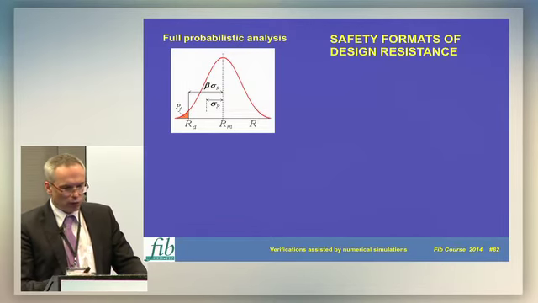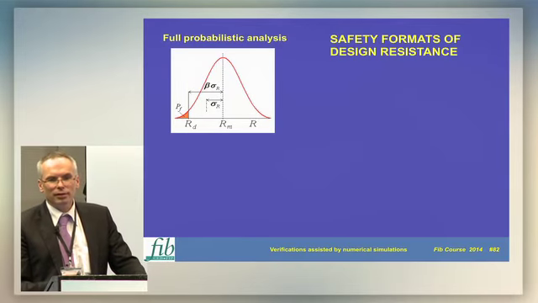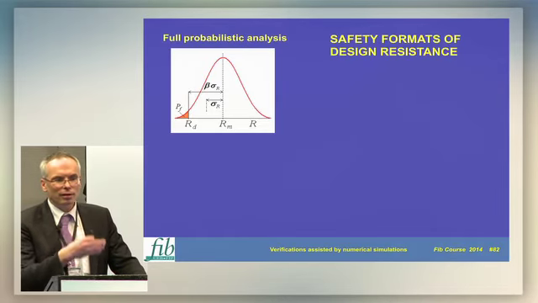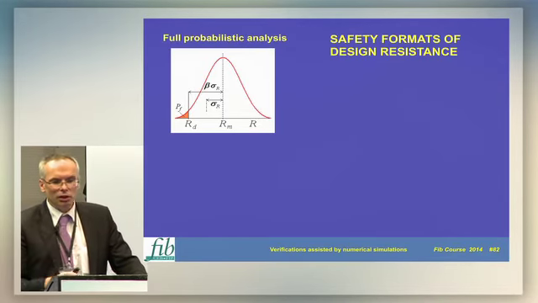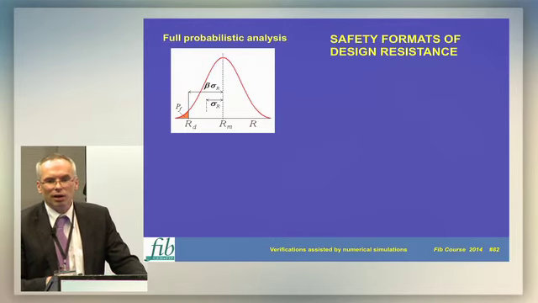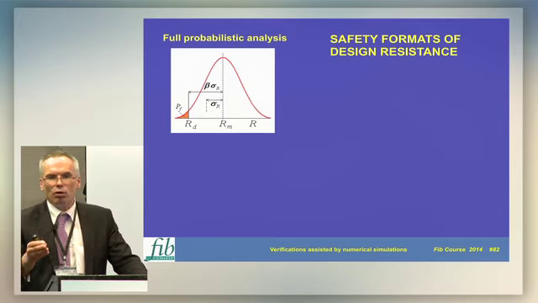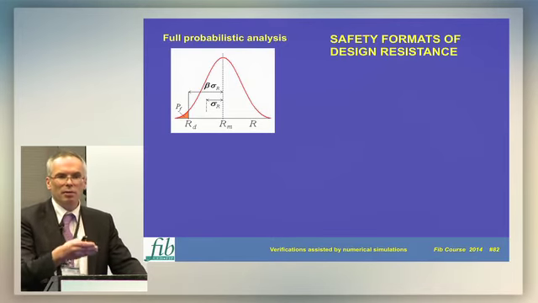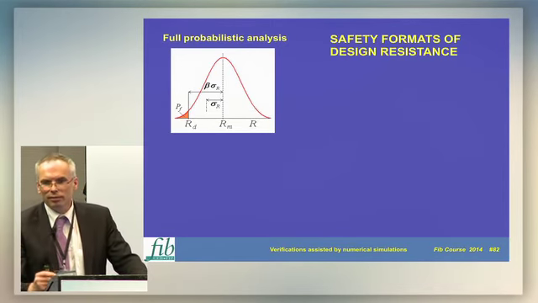First one is, of course, the full probabilistic analysis. That means to make kind of Monte Carlo simulations by making several analyses, in each analysis using different strength of concrete, different strength of reinforcement. And when doing this probabilistic analysis, there are two possible approaches, random variables or random fields.